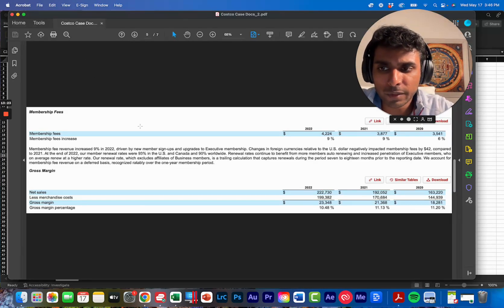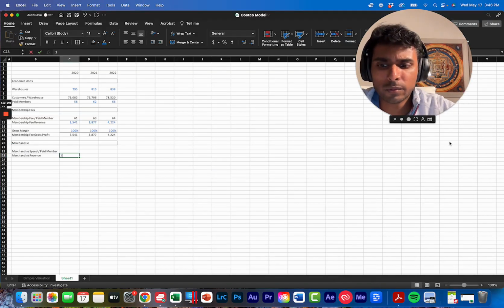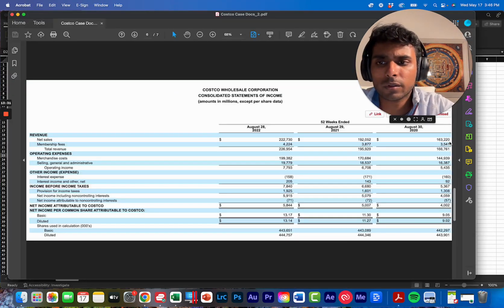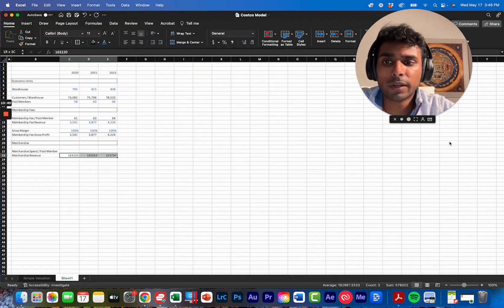And revenue is the same thing as sales. So they break it up here: 163,220, 192,052, 222,730. And just to give you an idea, this is nuts.